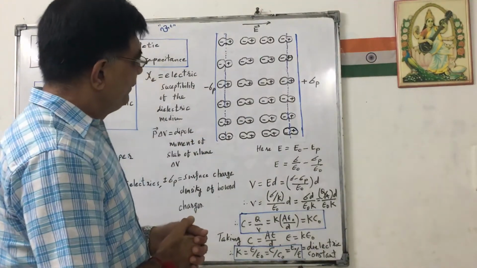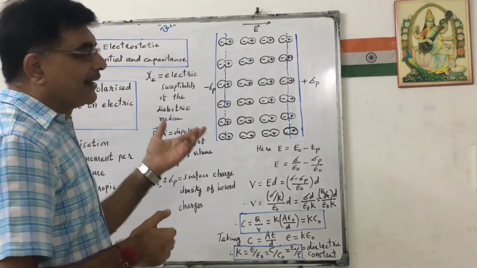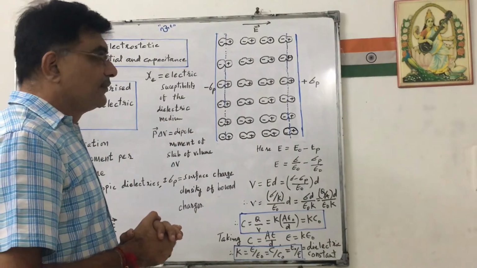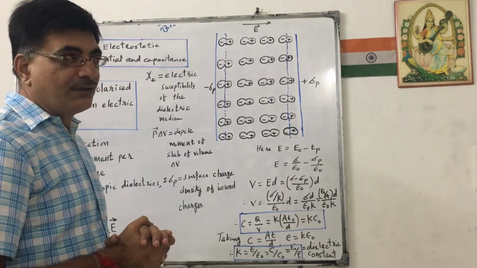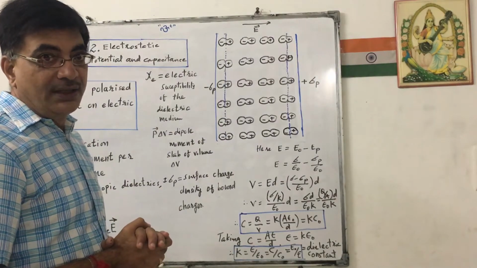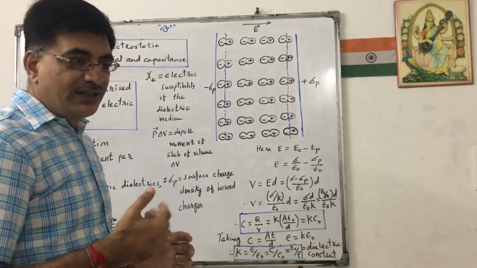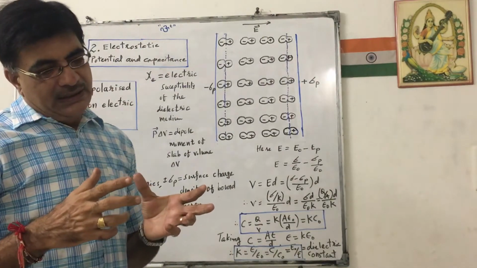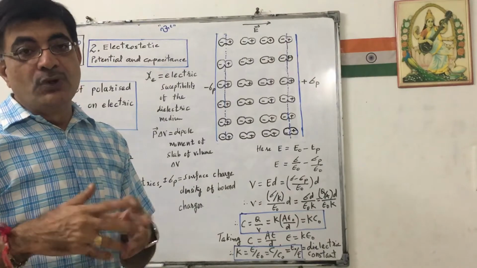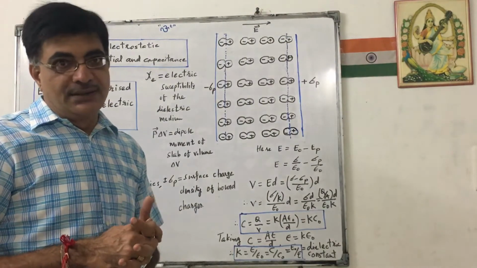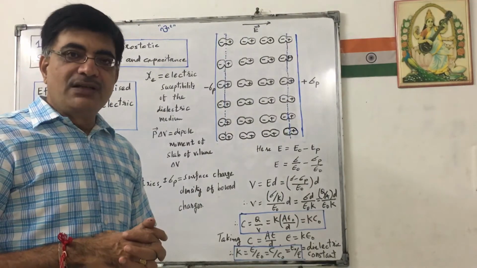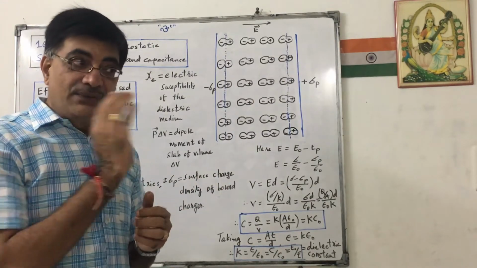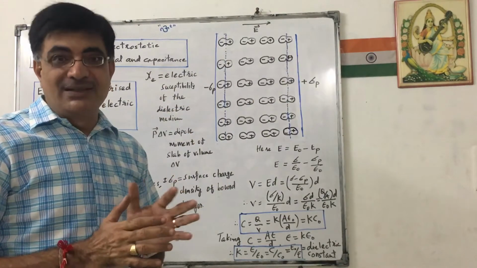Suppose a polar dielectric. This is an ideal figure actually. We can consider it 0 Kelvin. Because yesterday we discussed that due to temperature, all the molecules will have some kinetic energy, and kinetic energy will make them unstable, and electric field will make them stable.